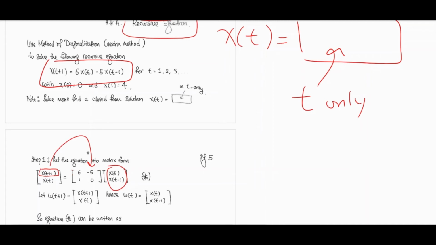But in order to create a 2 by 2 matrix right here, we're going to have to write down a redundant equation. The redundant equation, in order to match up with this one here, is xt. So I'm going to write xt as 1 of xt and then 0 of xt minus 1. The second equation right here is a tautology, so to speak. It's something that is obviously true. We are basically writing down xt equals xt.